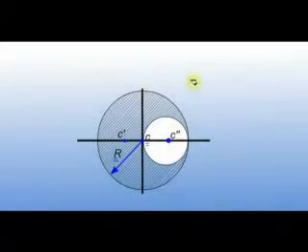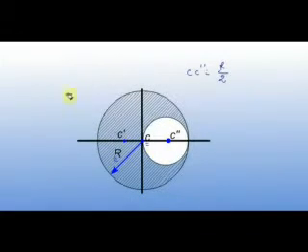So this white portion is the hole and CC dash is r by 2. Now we need to find out the center of mass of the remaining portion of the circular disk, that is center of mass of the shaded region.